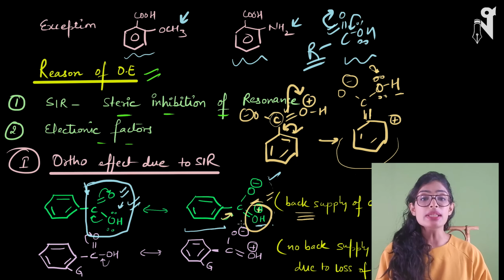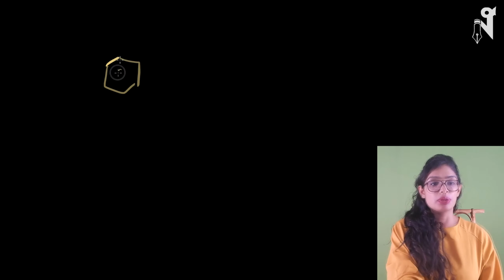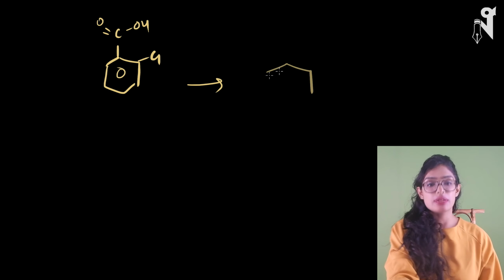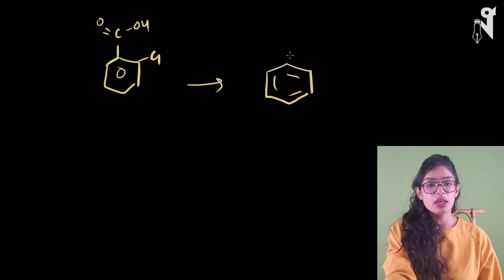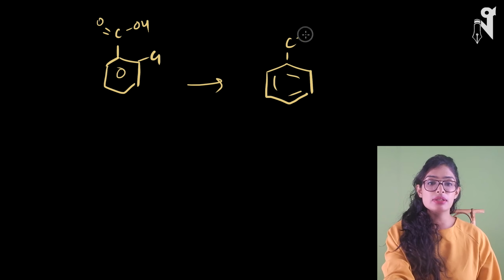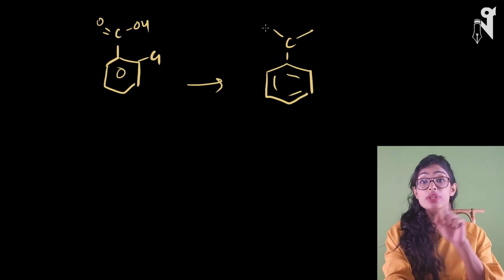Okay, now let's suppose there is a group present on the ortho position. If there is a group present on the ortho position, what exactly will happen? Let me just show you. So if there is a group present on the benzoic acid, this is my benzene chain, and this is my carbon. First of all the resonance will happen within COOH.